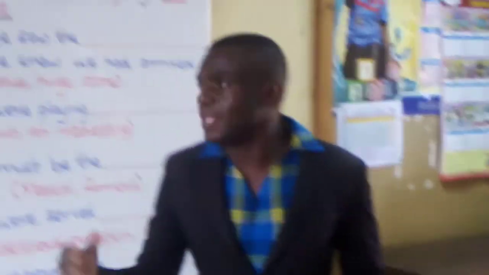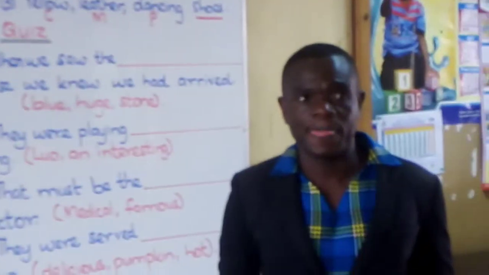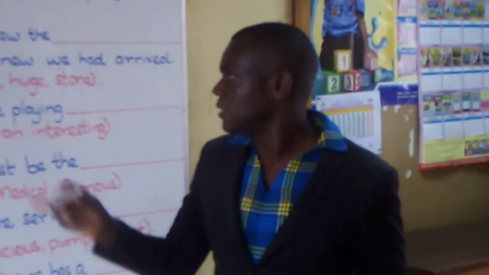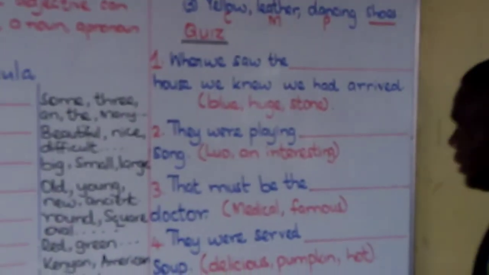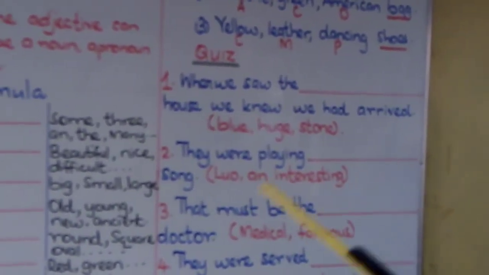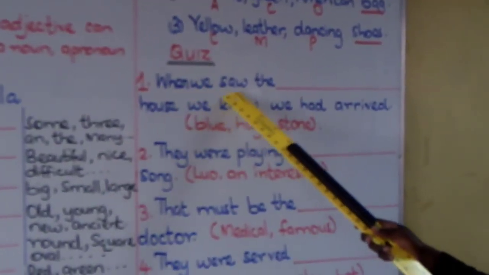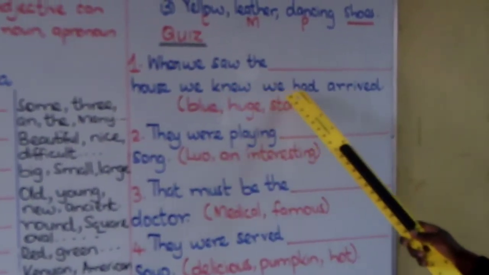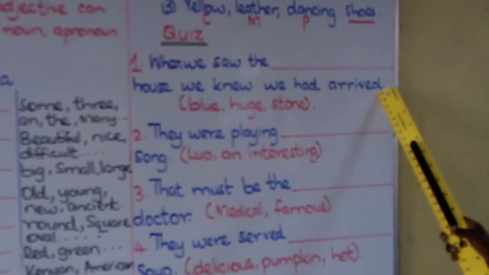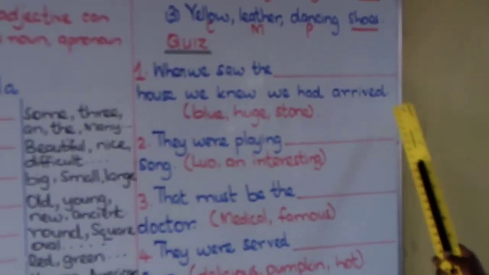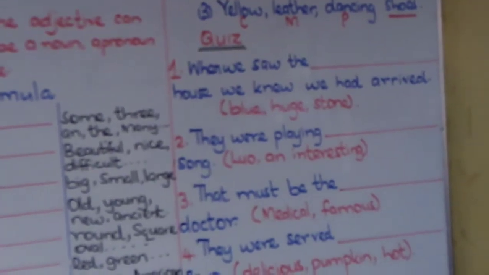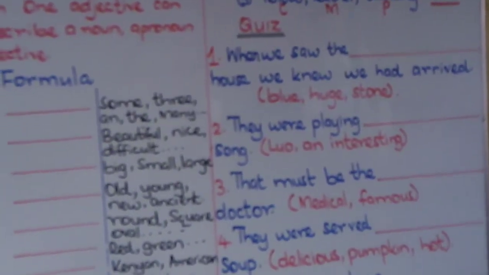Let's look at an elaborate sentence here and get the right order of adjectives given here. Now look at that question. That question reads, when we saw the dash house, we knew we had arrived. Now, the adjectives are blue, huge, stone. Now, let's find them in our order of adjectives.